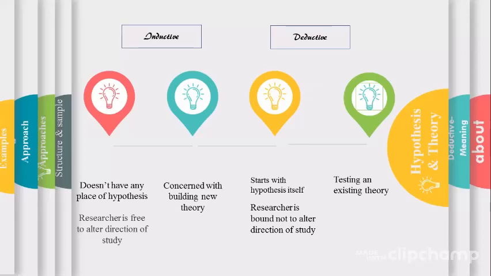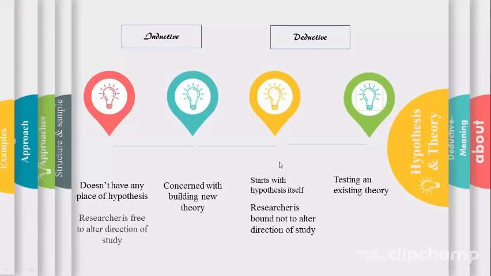Because he does not have any specific goal, any specific research aim, any specific idea which he needs to prove, this researcher is free to alter his direction of study, because he does not have any particular fixed direction of study. So he can check and examine various multifaceted ideas. And this inductive approach is concerned with what? Ultimately, it is concerned with building new theory.